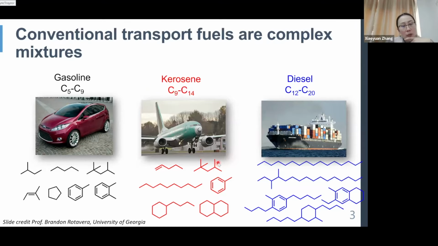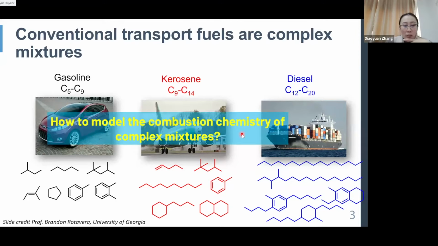The current primary motivation of a kinetic model is to predict real fuel combustion chemistry, for example, ignition delay or pollutant formation and so on. However, the transport fuels are all complex mixtures, posing a great challenge to model their combustion chemistry.